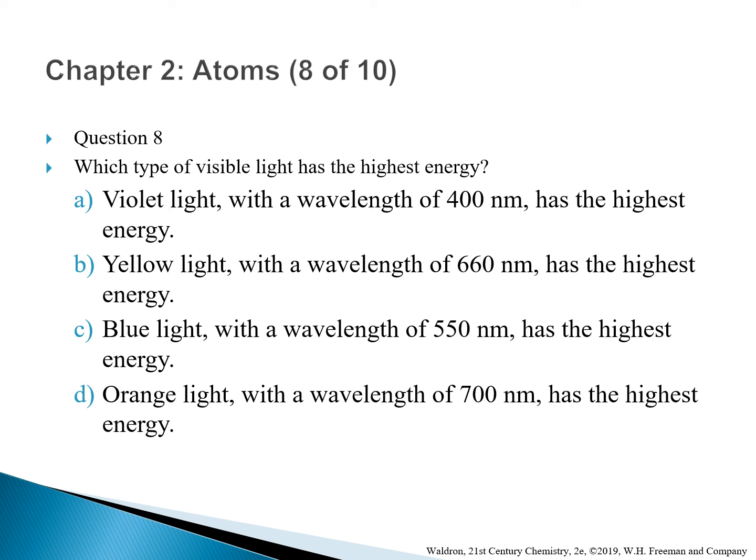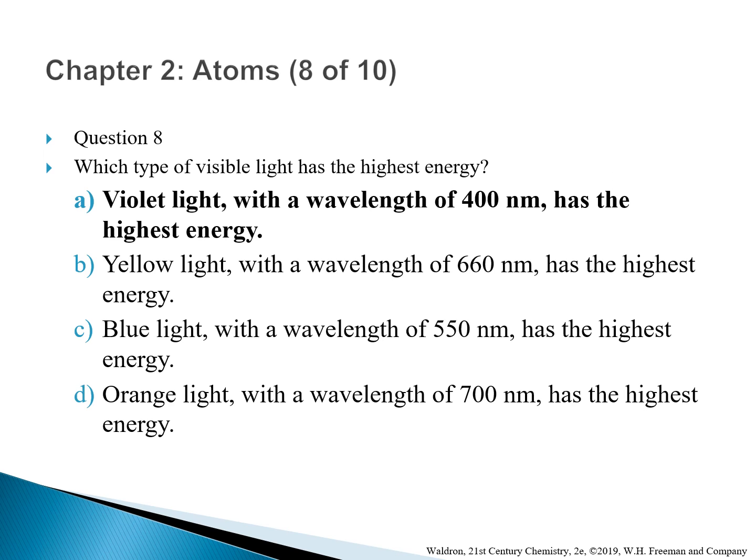C. Blue light with a wavelength of 550 nanometers has the highest energy. D. Orange light with a wavelength of 700 nanometers has the highest energy. Please pause your video. The correct answer is violet light with a wavelength of 400 nanometers has the highest energy.